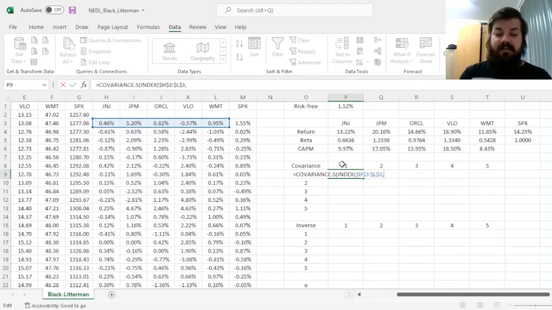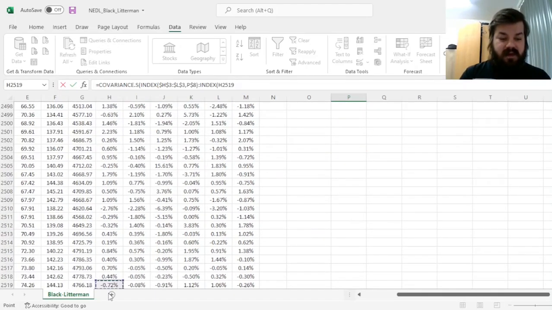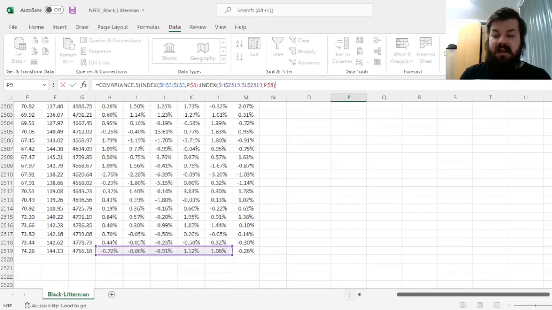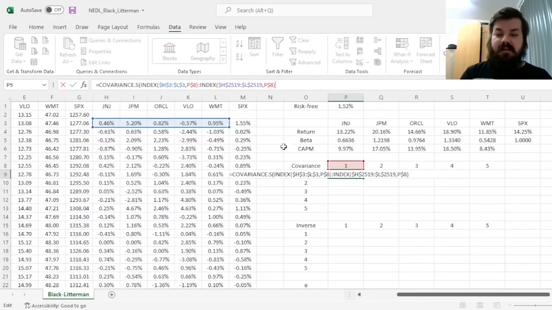We'll refer to the first index in this row, and then we'll go all the way to the very last row of data over here, locking it both column and row wise as well, and referring to the same index, so P8, which is the first index in the row of index variables.